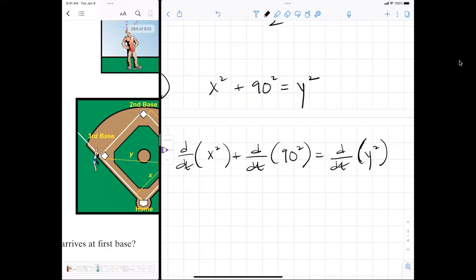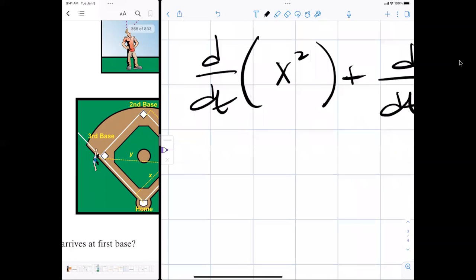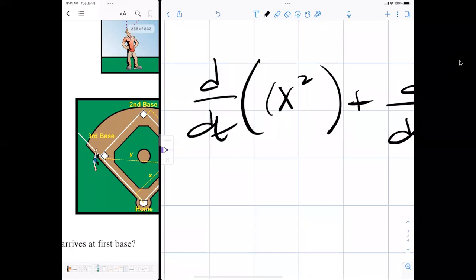So to differentiate using implicit differentiation the x squared term, I think of the exponent of 2 as being the outside function and the x as being the inside function. Outside, inside. The square is the outside, x is the inside.